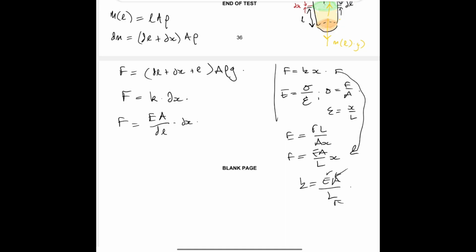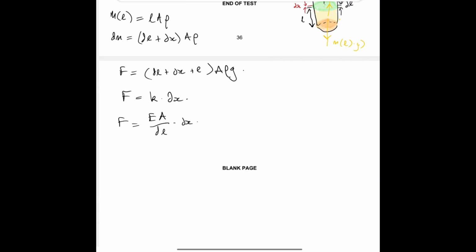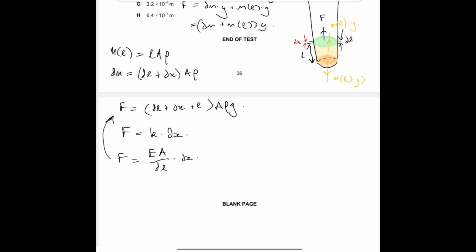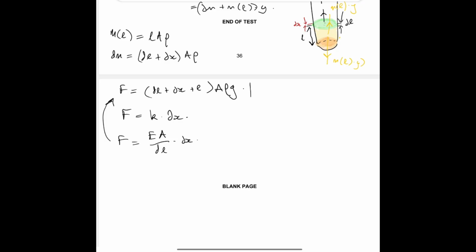And then here's where the flimsy reasoning comes in. I'll just delete that to get rid of it. Plugging this into this expression over here, we get EA dx over dl equals dl plus dx plus L times A rho g.